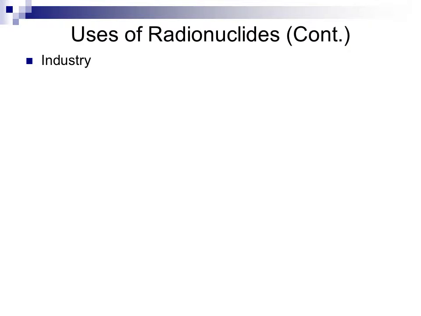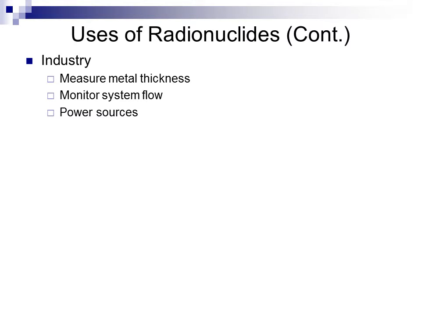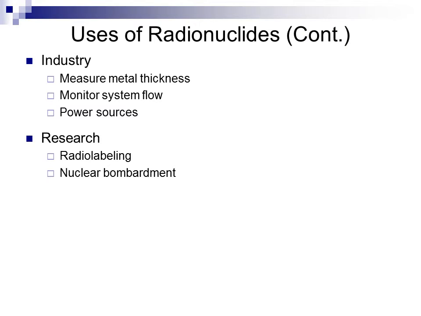We can also use radionuclides in industry to measure thickness of metal, for instance, by how much it absorbs, to monitor the flow of a system, as power sources for things like spacecraft. And it's used in research. It's used to label chemicals and see how they react. It's used to create new elements by bombarding elements together.